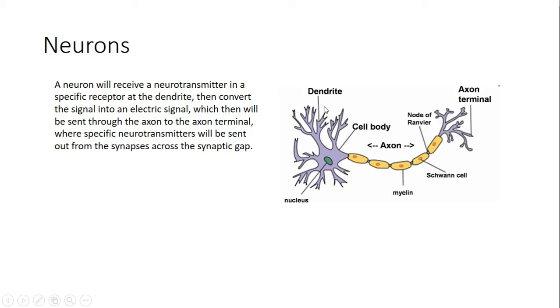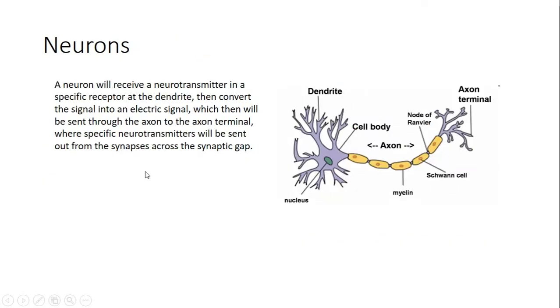So for example, dopamine is a reward. I think dopamine is a reward neurotransmitter. So the electric impulse which will be sent along the neuron will basically be saying, hey, we need rewards now, and then it'll go down the axon, and the myelin helps it to move forward, and then it'll reach the axon terminal, and at the axon terminal specific neurotransmitters can then be sent from the synapse.